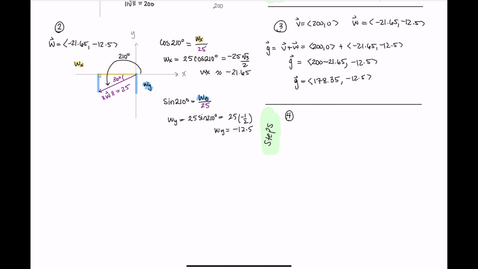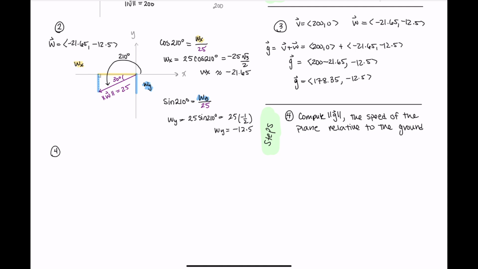That is, we want to find the speed of the airplane relative to the ground. So the speed of the airplane is going to be the magnitude of g. That's the speed of the plane relative to the ground. So we want to compute this. All right, well, that will not be difficult.